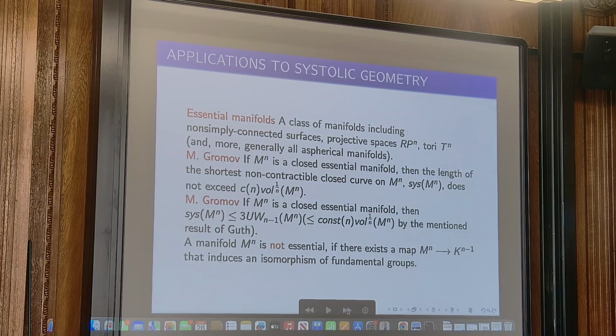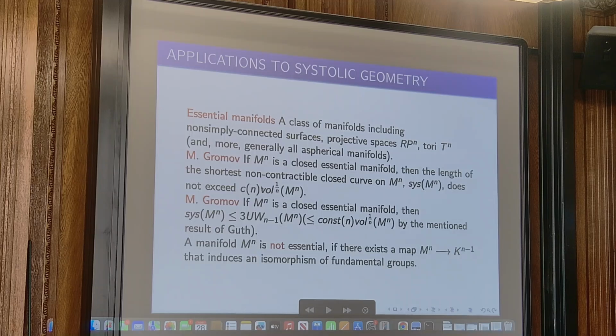And if we believe in what was said above, the proof of this theorem by Gromov could be done like that. Let me observe here the crucial connection between systolic geometry and widths, including Urysohn widths. Gromov observed that if Mⁿ is a closed essential manifold, the systole doesn't exceed 3 times the Urysohn width n minus 1 of Mⁿ.